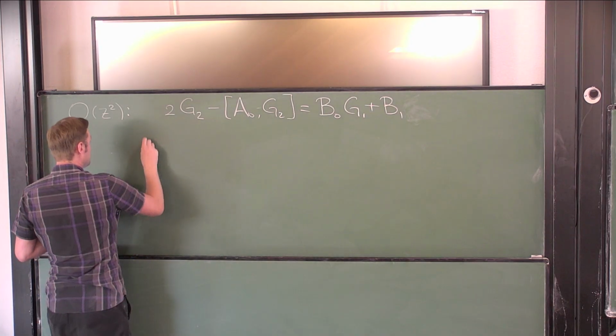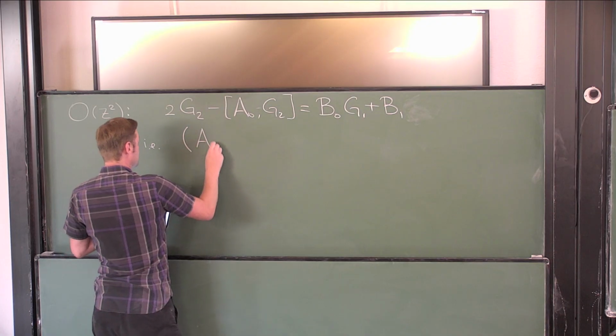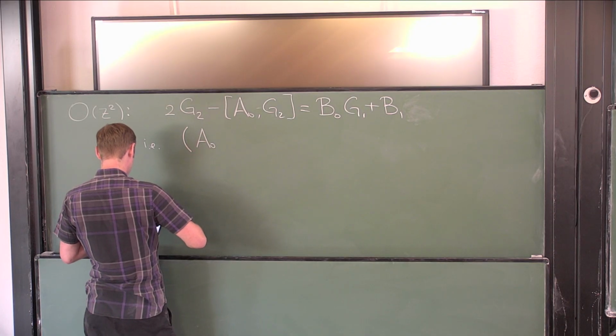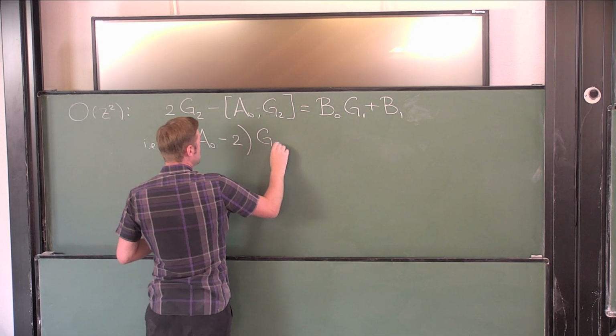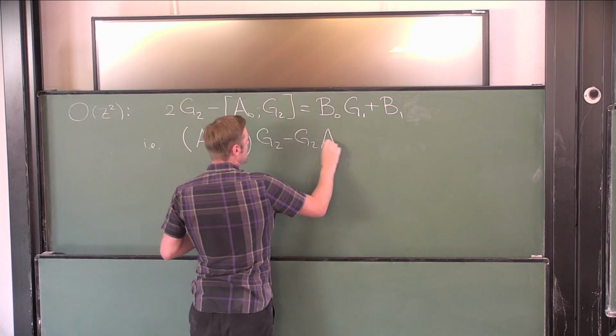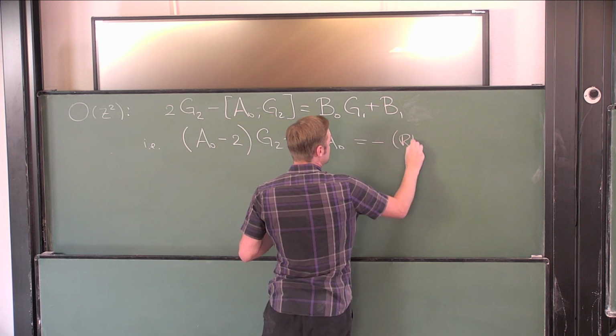I can write this again in a similar form as A0 minus 2, G2 minus G2 A0 is equal to minus the right hand side.